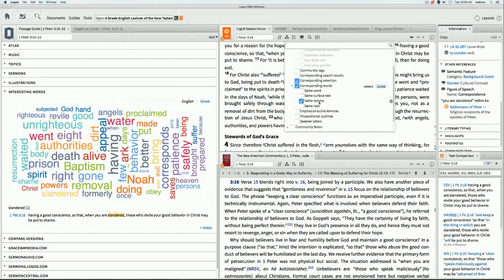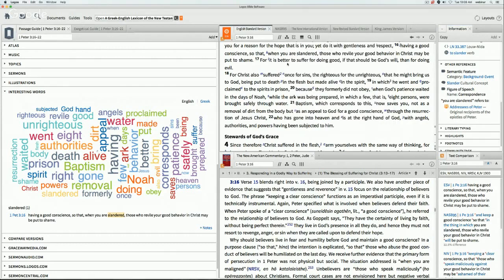Now, I'm going to choose same lemma. Lemma, if you don't know, means the Greek or Hebrew word that is the dictionary form of that word. And we can talk more about that in a little bit. But just for now, we want to select same lemma.